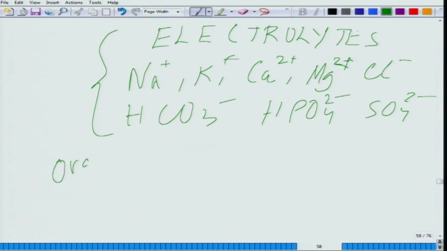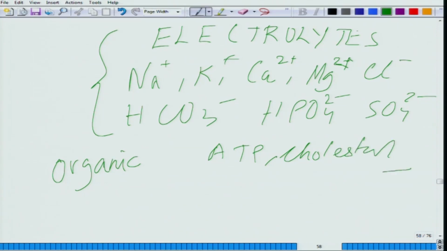Then you have the organic nutrients, which include your ATP, cholesterol, fatty acids.